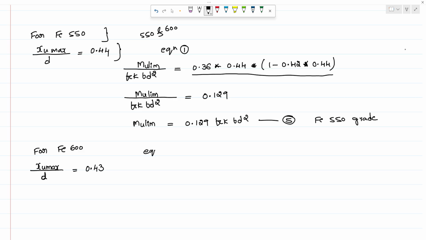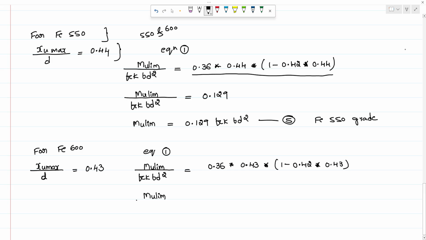So equation 1 becomes mu limit divided by FCK BD square equals 0.36 multiplied by 0.43 multiplied by 1 minus 0.42 again multiplied by 0.43.